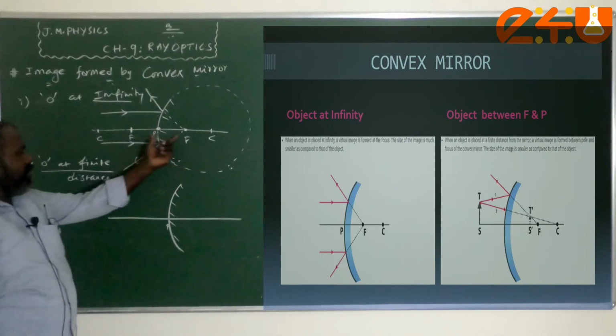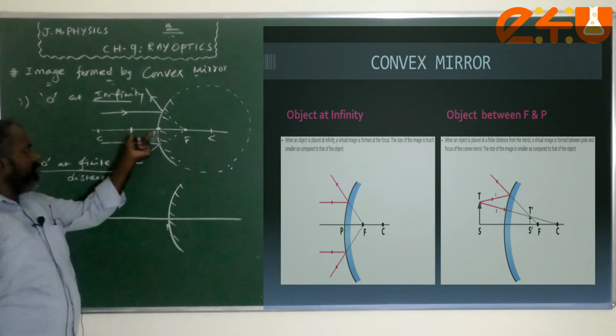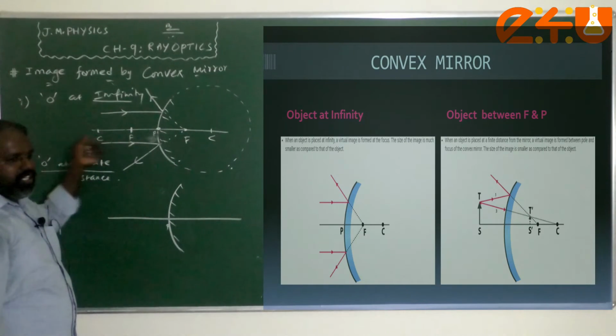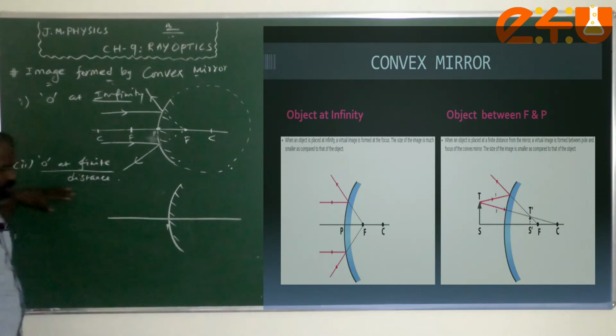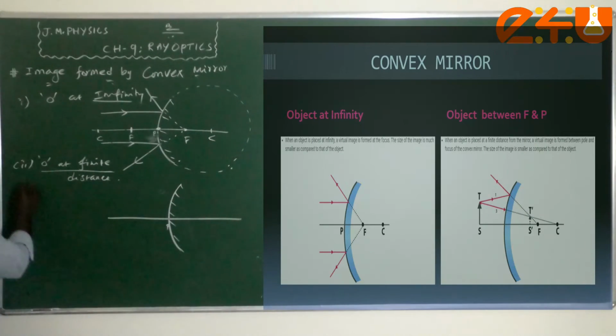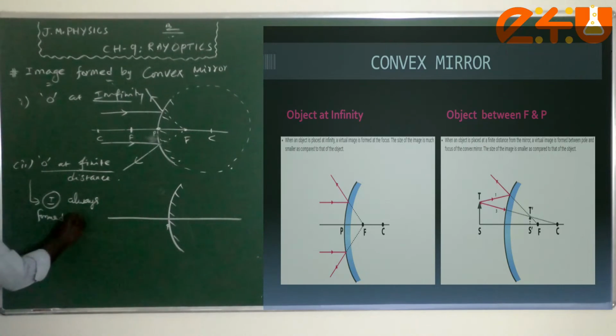For analogy I can take that distance as the position of the object at f, object at c, object beyond c, whatever these finite positions may be, the image will always be formed, always what, children? Formed between f and p.